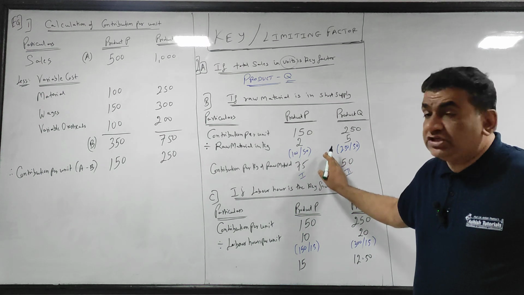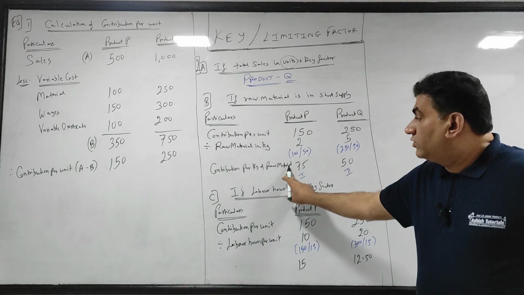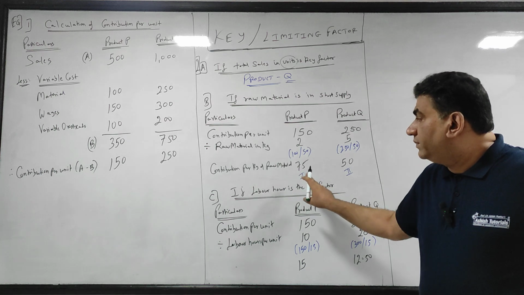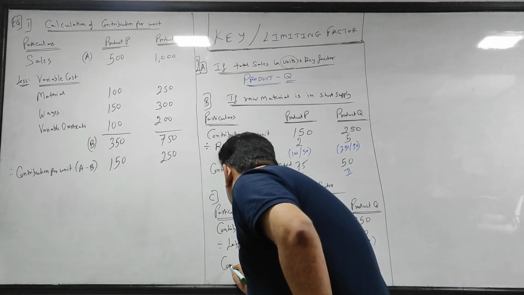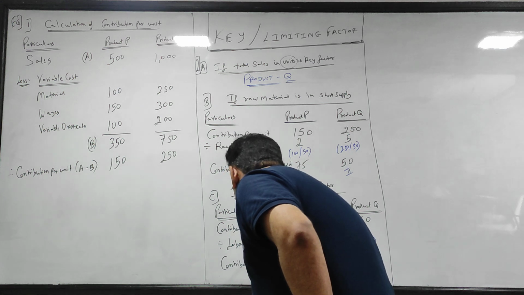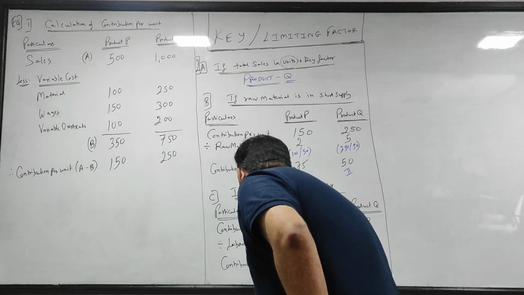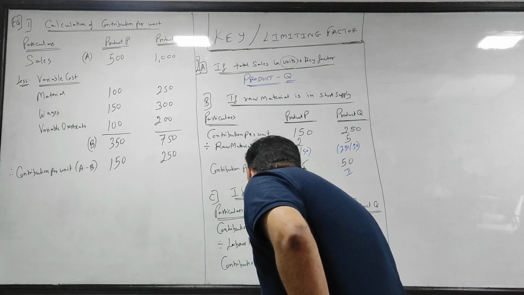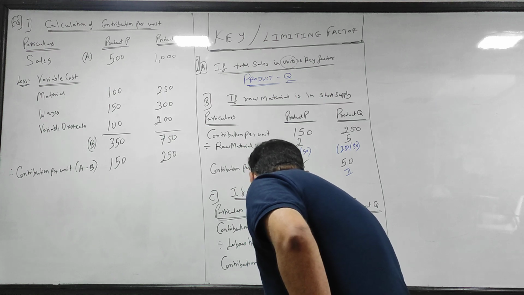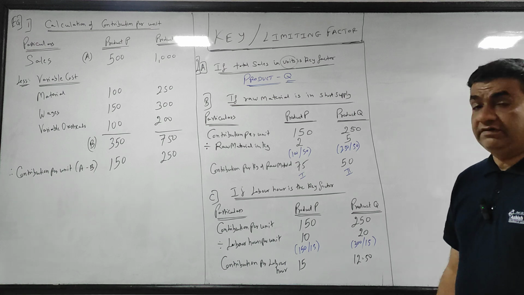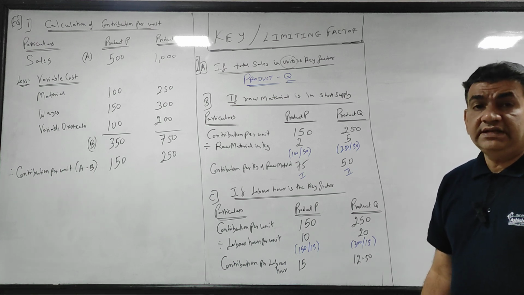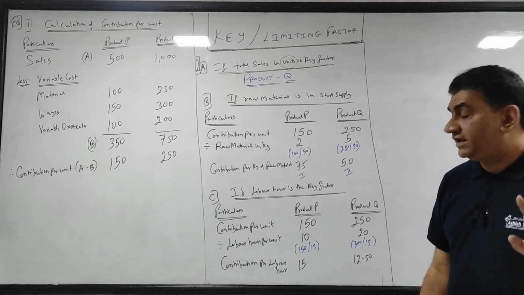Raw material was in short supply; we call this contribution per kg of material. Here we call this contribution per labor hour.